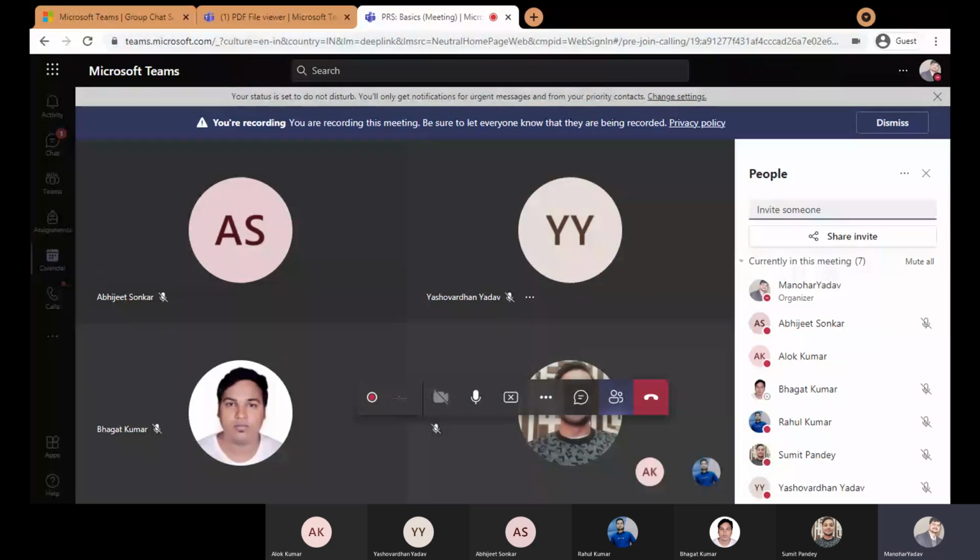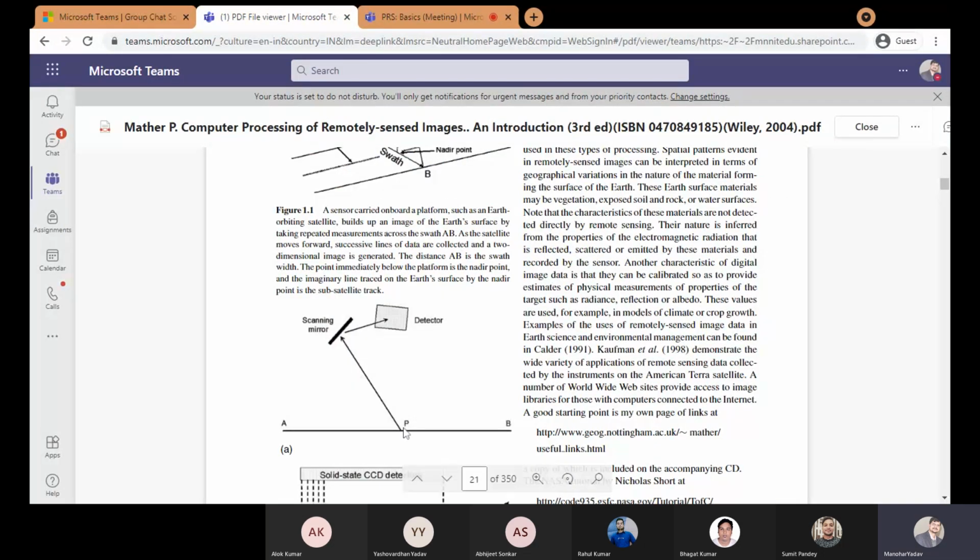Alok, the query is how many detectors we require to sense the energy coming out from point P in two discrete bands. Let me further clarify it. When our eyes see an object, the object reflects energy in a very wide spectrum, but our eyes limit the sensing to the visual band.